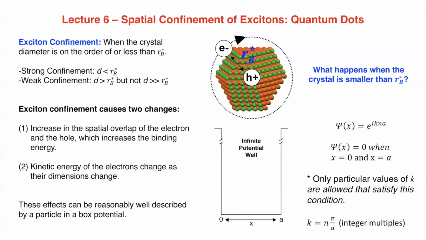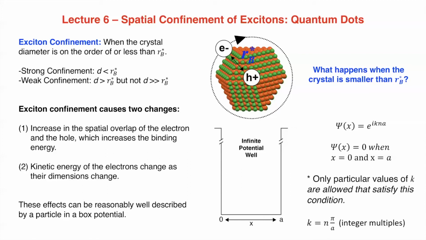And then there are situations where the diameter is larger than, or similar to, the Bohr exciton radius, and that's talked about as weak confinement. If the crystal is 10 times larger than the Bohr exciton radius, then the excitons are not really confined, and it just behaves like a small piece of bulk material from a quantum mechanical point of view.